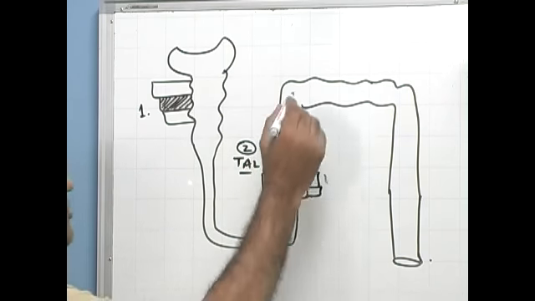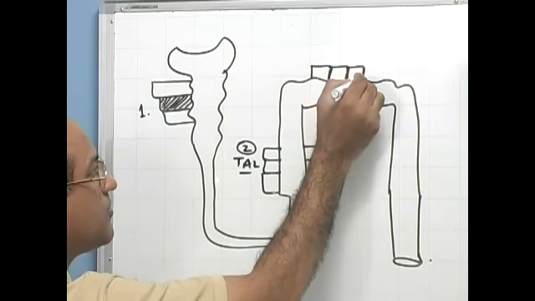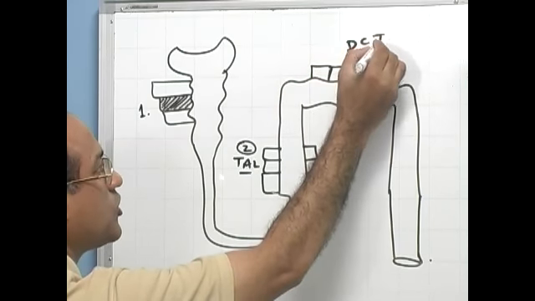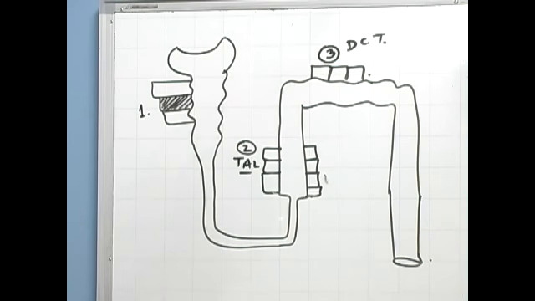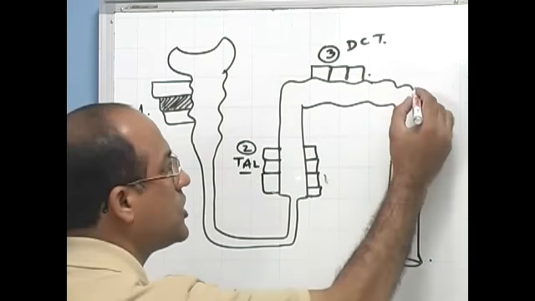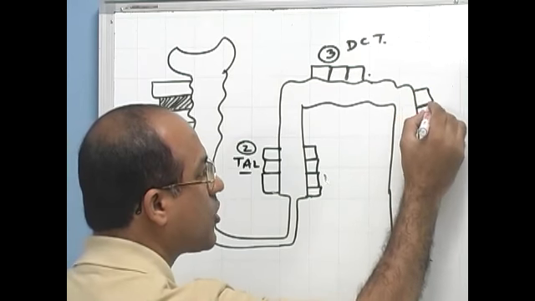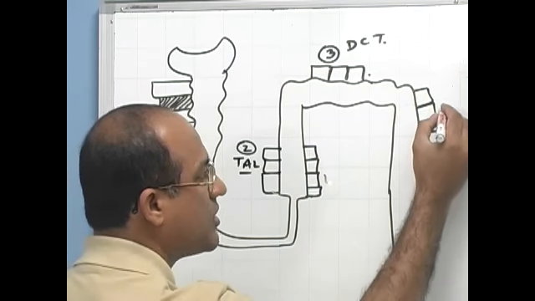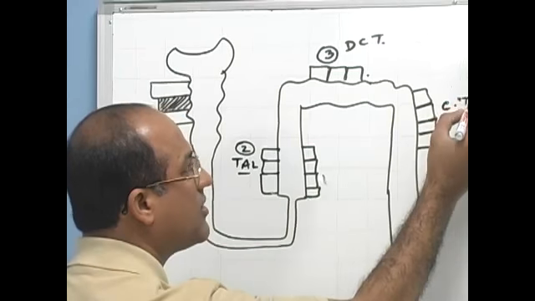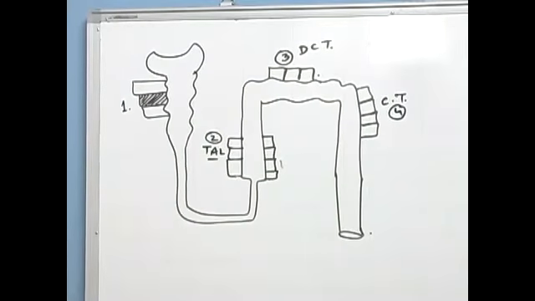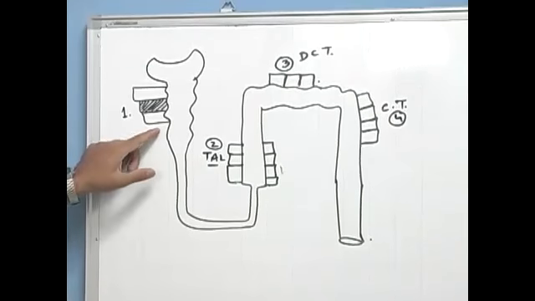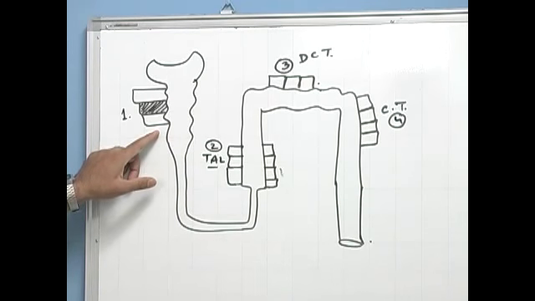The next quantum of information should be how the distal convoluted tubule is handling sodium. And in the end, we shall talk about how the collecting tubular cells are handling sodium. So at first, I will go into detail on this one, right?